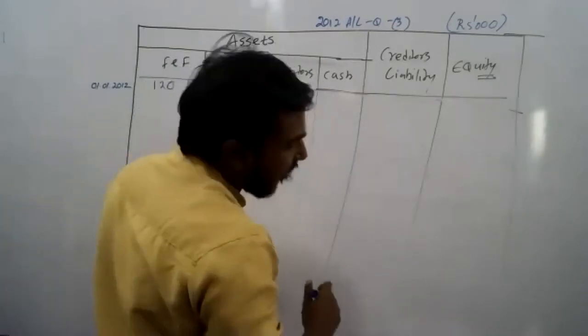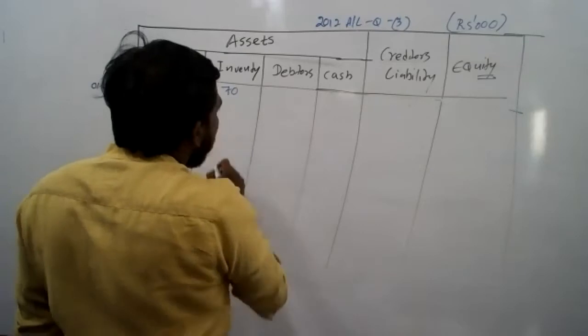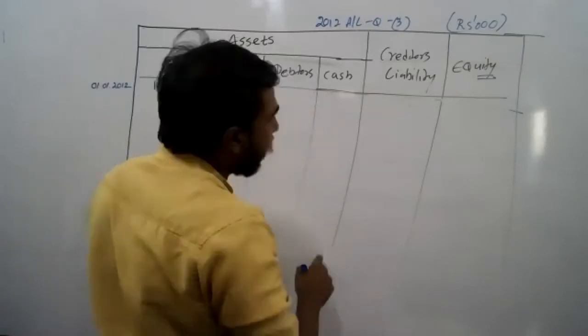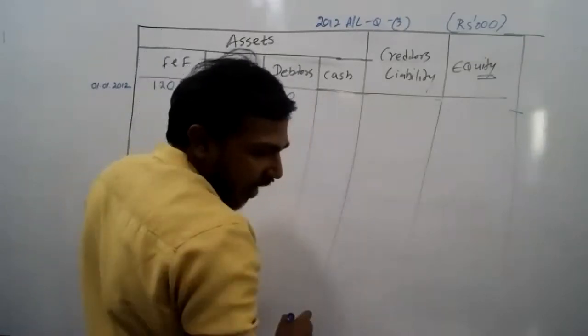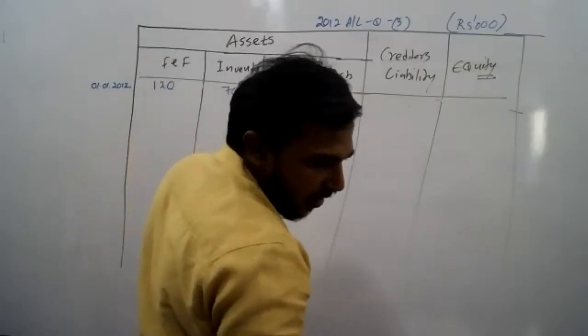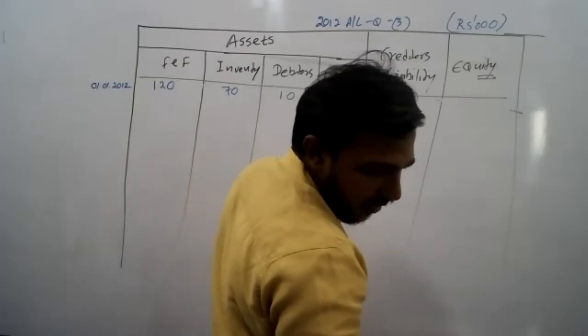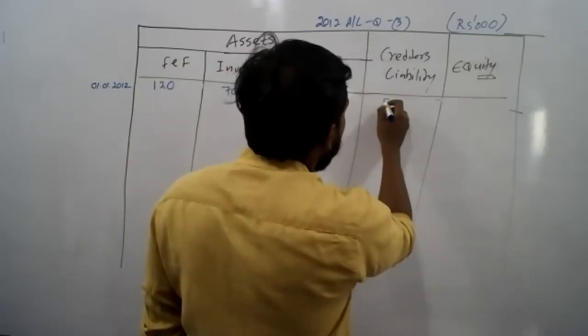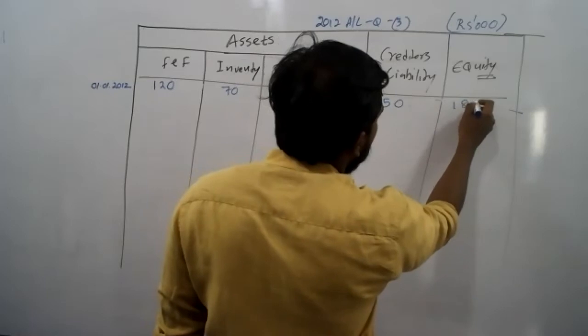Inventory, how much was it? 70. Debtors, 10. Cash would be 30. Then creditors, liability, creditors is 50. Equity 108.